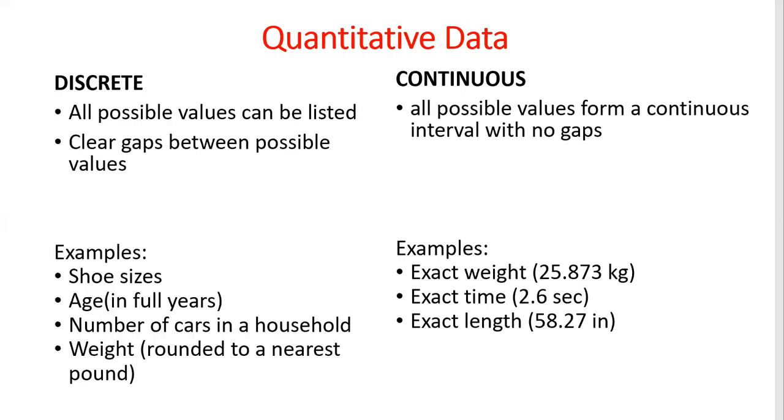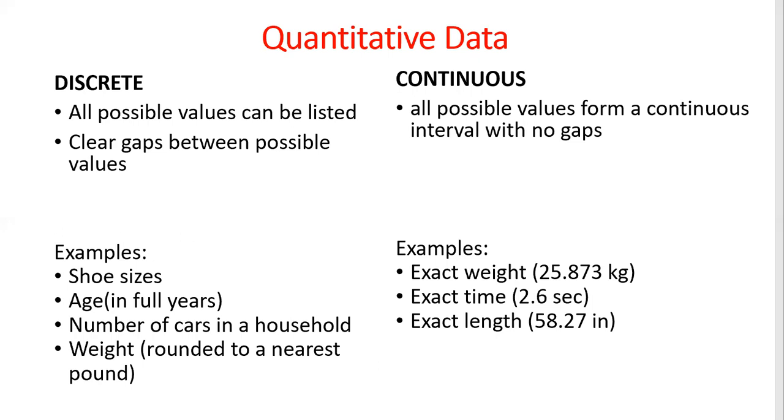Next, quantitative data could be also divided into discrete and continuous data. Discrete data is the data where all possible values can be listed, and there are natural gaps between possible values.